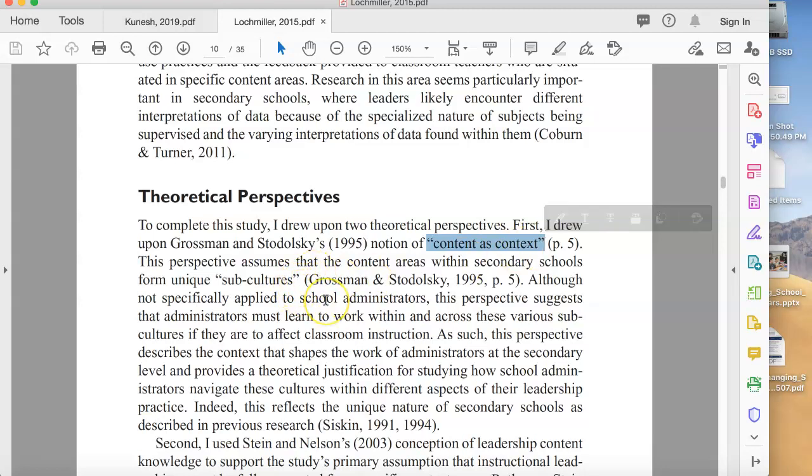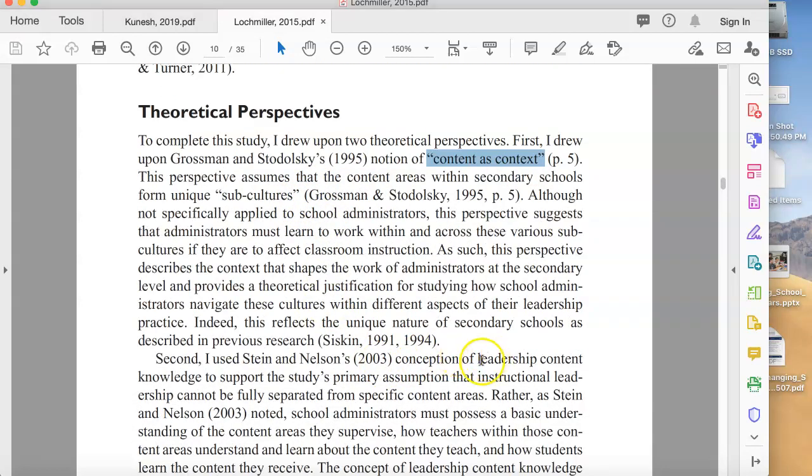And then he has this other sort of concept, idea, leadership, content, knowledge. So leaders need to know more than just how to supervise. They actually have to know something about the content. And the question is, well, what do they need to know?